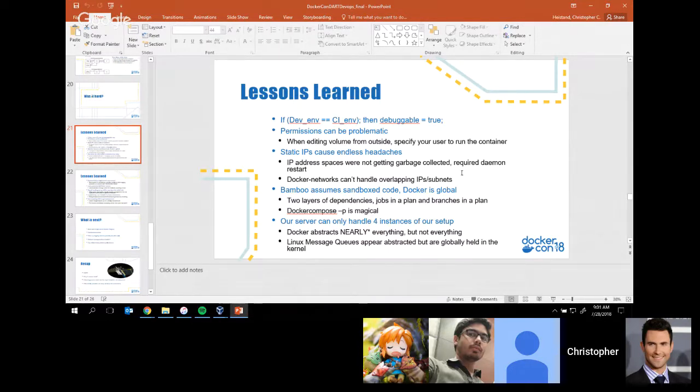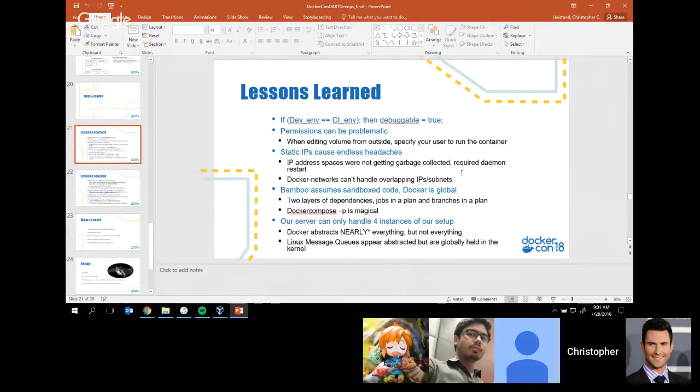So that didn't work. And when you overload the Docker daemon by trying to run too many of these in parallel, you can have it crash.